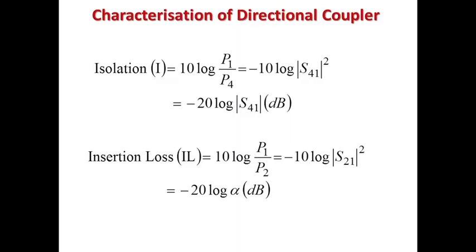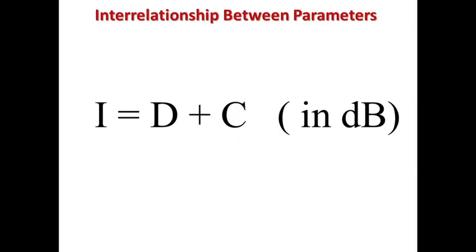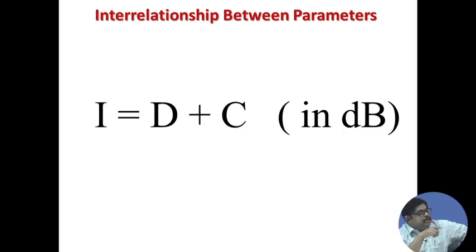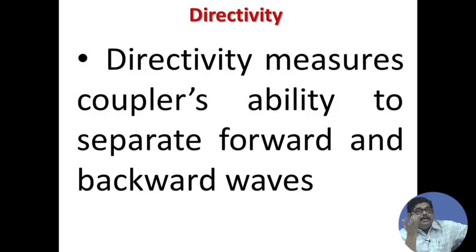This is the definition, and the interrelationship between them is that isolation is equal to D plus C, but the relationship is in dB. You can easily exercise that. Now, directivity measures the coupler's ability to separate forward and backward waves.